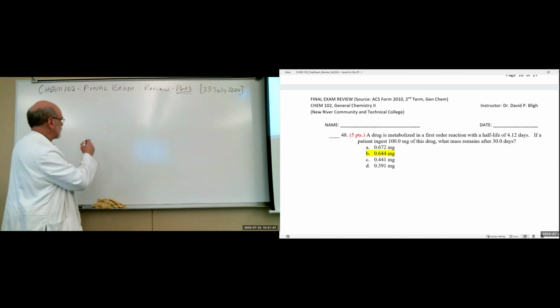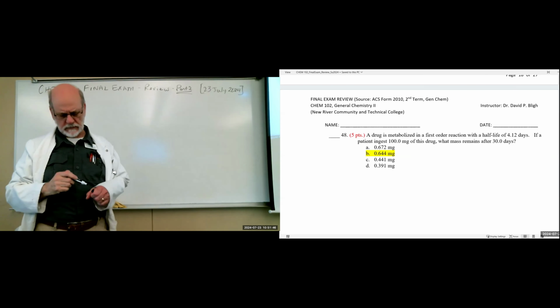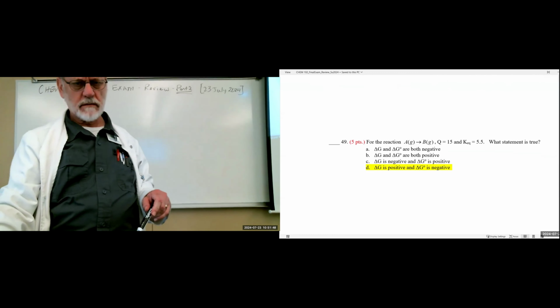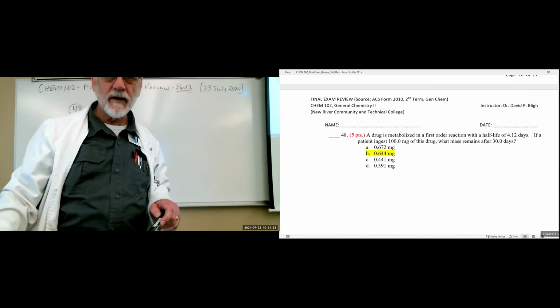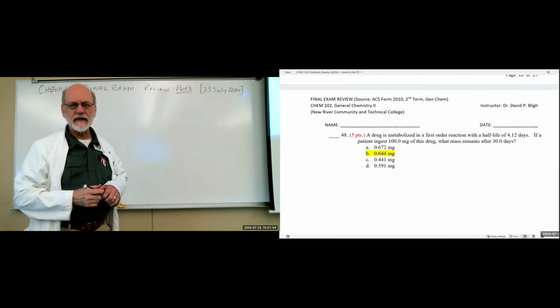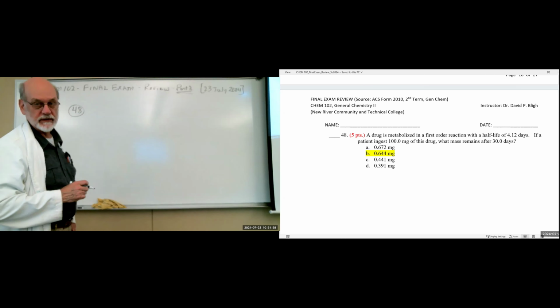How about 48? Is this the last one? No. Next to the last one. Okay. A drug is metabolized in a first order reaction with a half-life of 4.12 days.